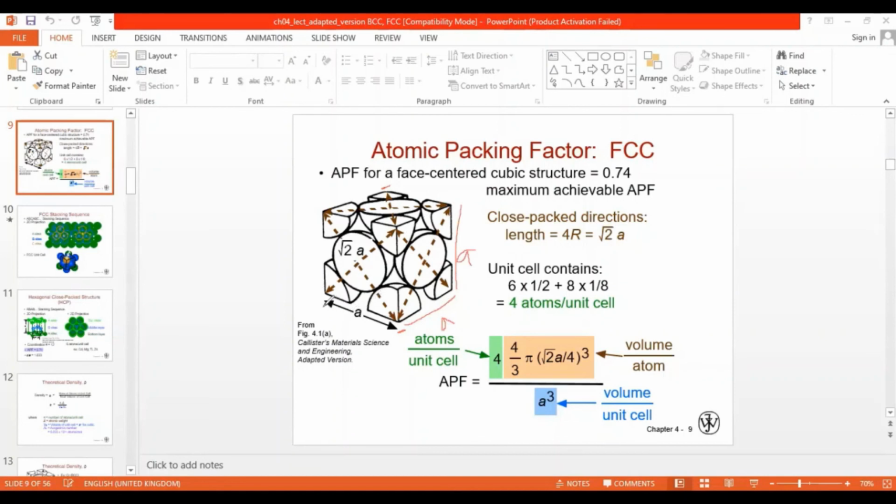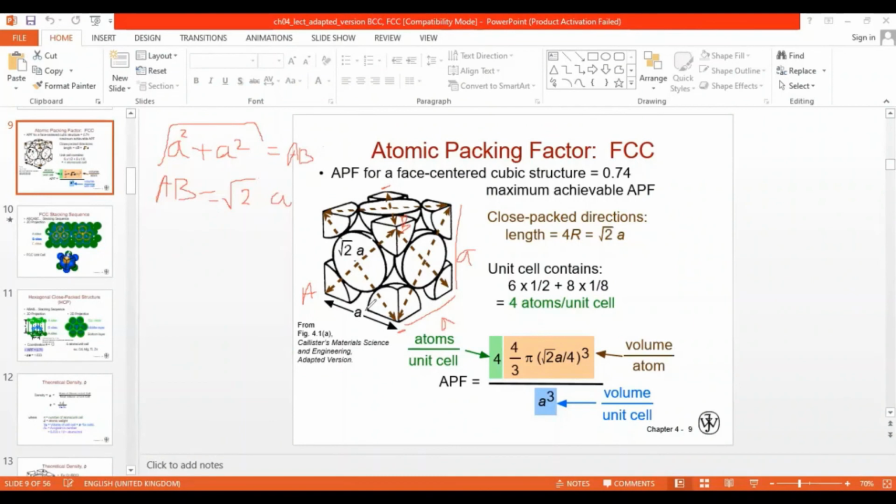If this is A and this is A, then as per the Pythagorean relation, AB is equal to the square root of A squared plus A squared, which is the square root of 2A squared. So this distance is root 2 A.